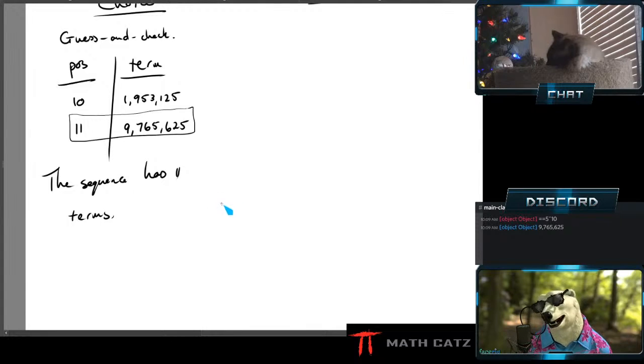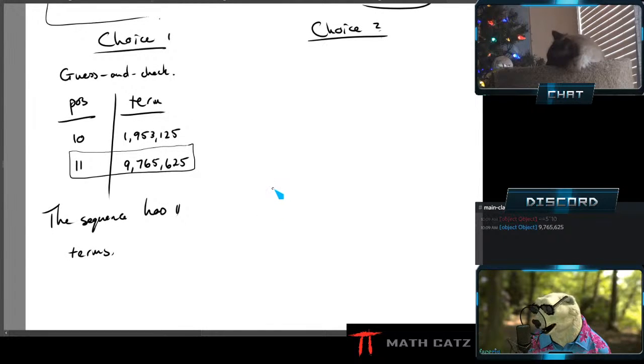And you know, I was going back and forth the whole day yesterday and this morning and last night. What level of detail should we show here? Because look how quick this guess and check was. Really not bad. It was manageable. I almost don't want to do choice 2.